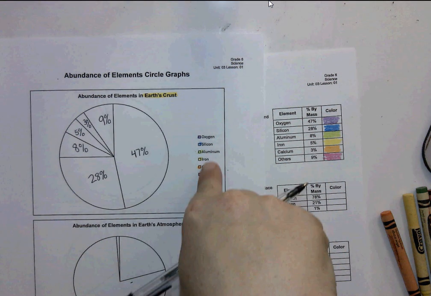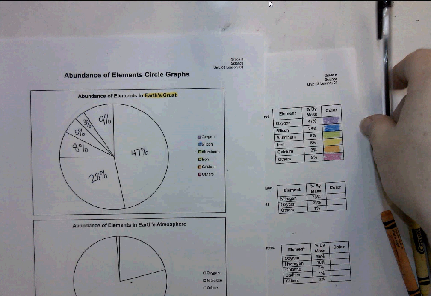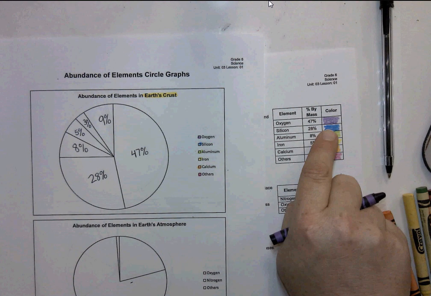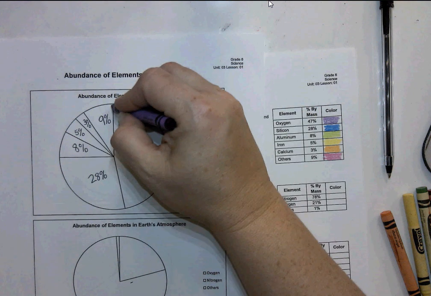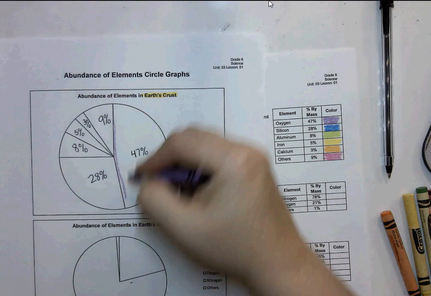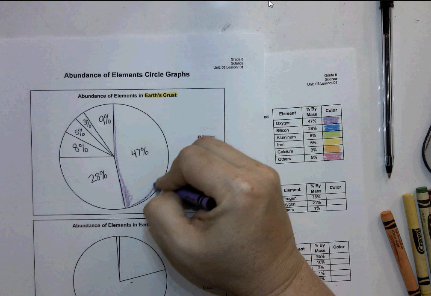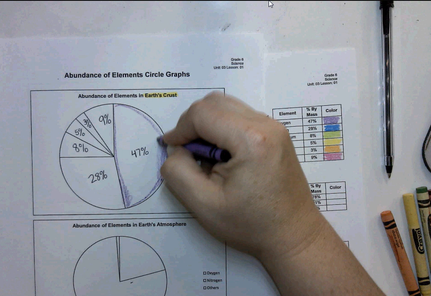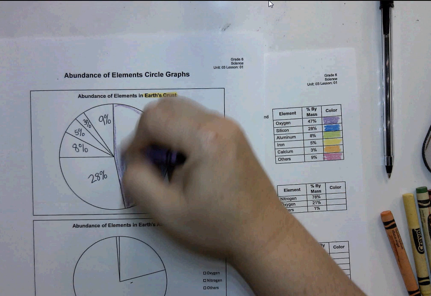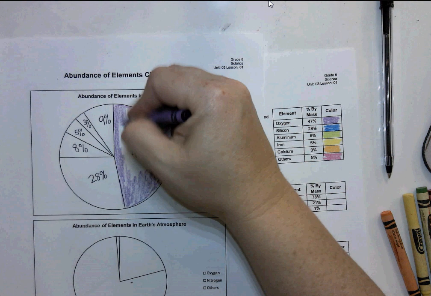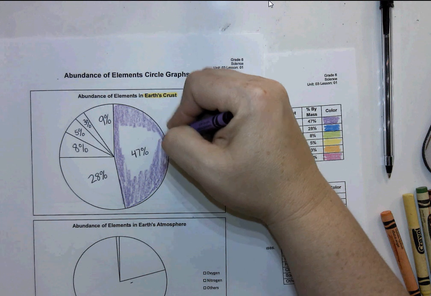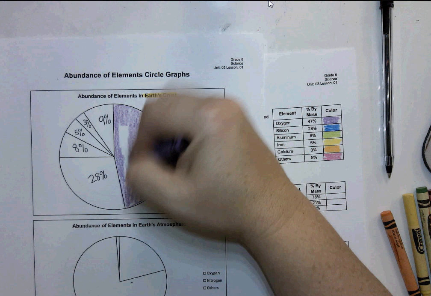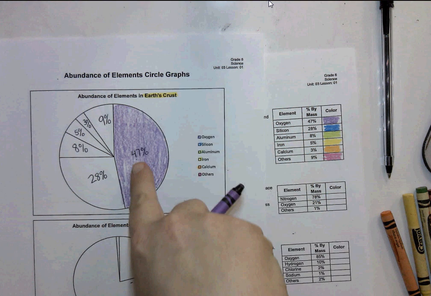Now my color coding is already going on here, so now oxygen was my 47%, and it's purple. I'm going to go to my purple 47% part of the circle, and I'm going to color it in neatly with my color that stands for oxygen, being sure that I can still read that number.